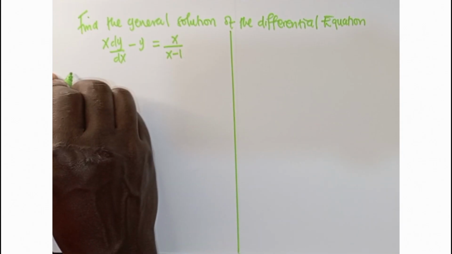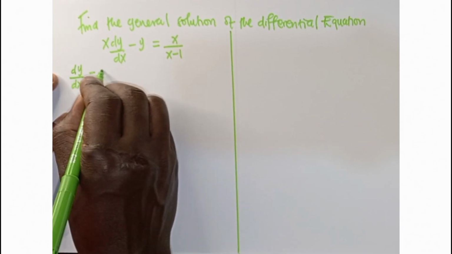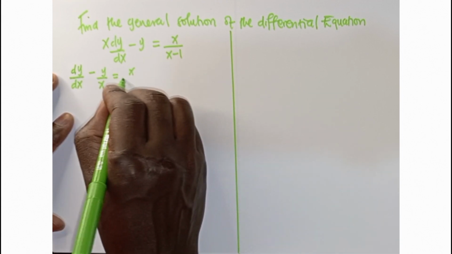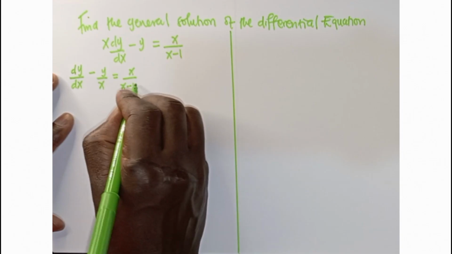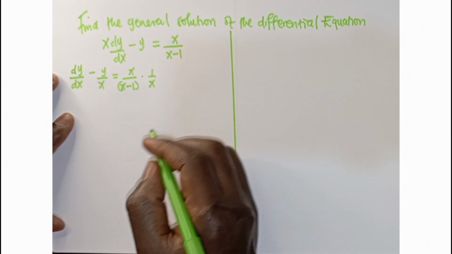We shall have dy by dx minus y out of x equal to x out of x minus 1 times 1 out of x.